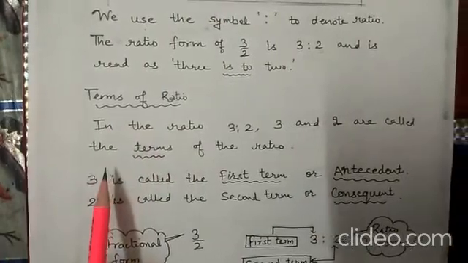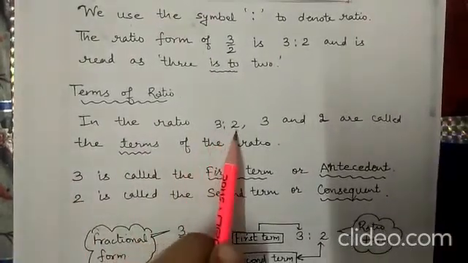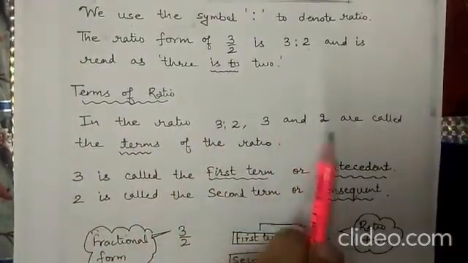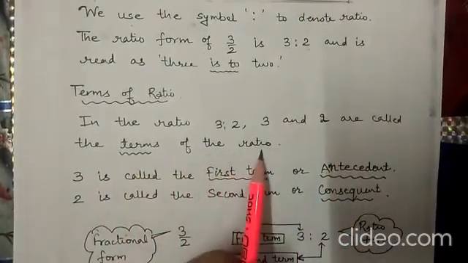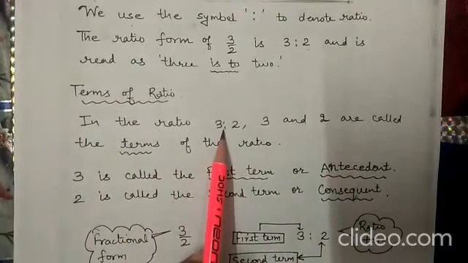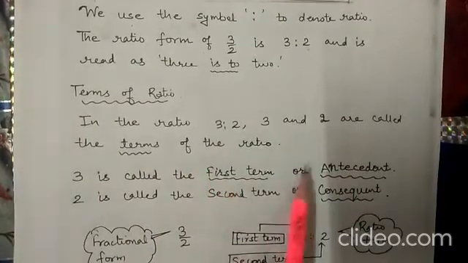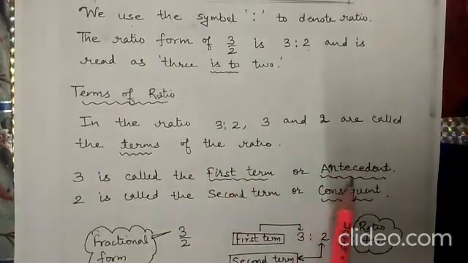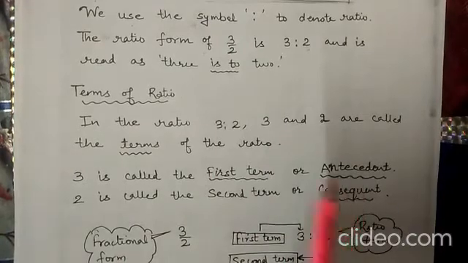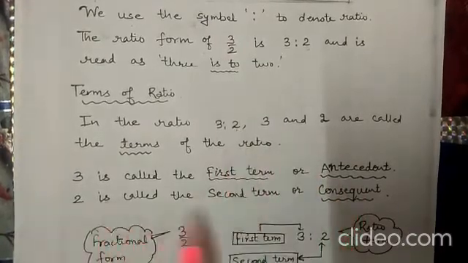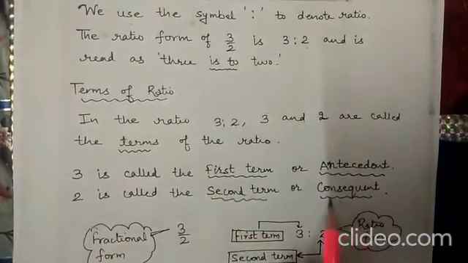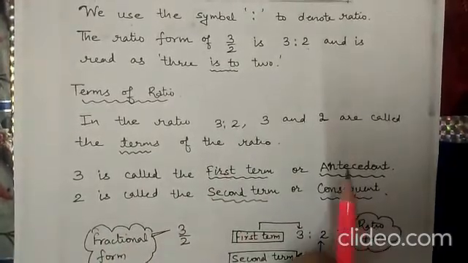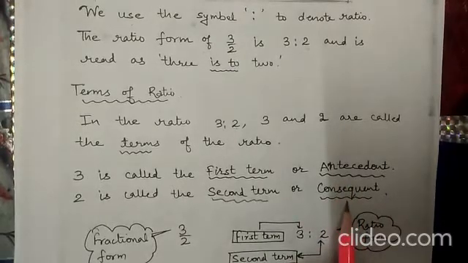In the ratio 3 is to 2, 3 and 2 are called the terms of the ratio. 3 is called the first term, also known as the antecedent, and 2 is known as the second term, or the consequent.